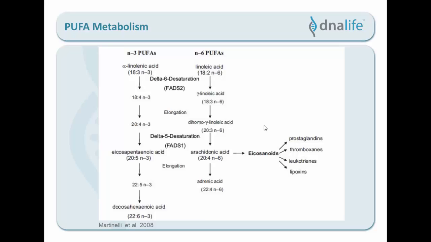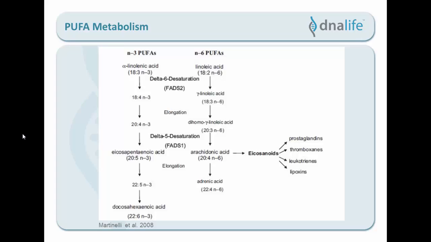So just to go through this pathway in a little bit more detail, the delta 5 and delta 6 desaturases, so you can see over there, encoded by FADS1 and FADS2 genes, are key enzymes in polyunsaturated fatty acid metabolism.